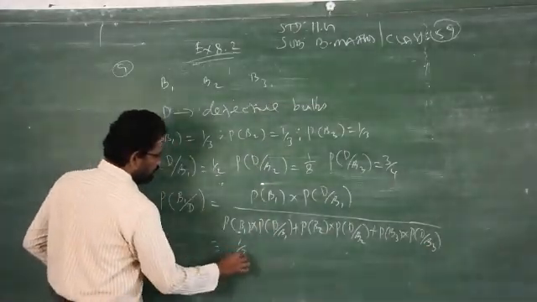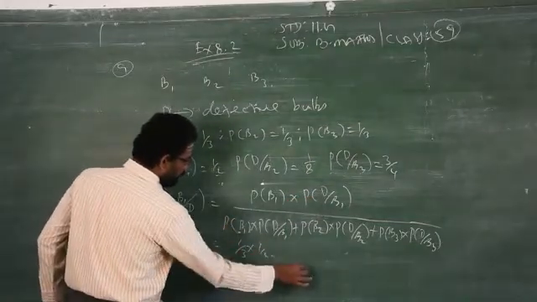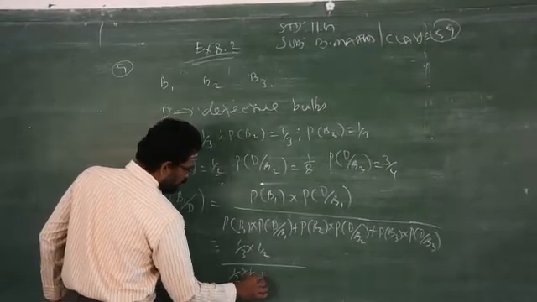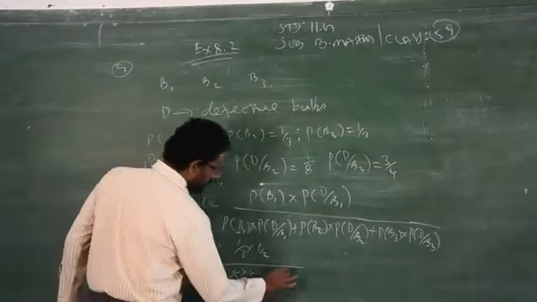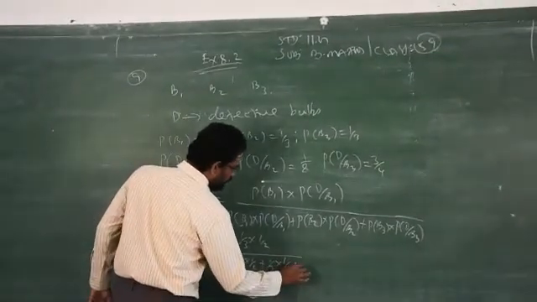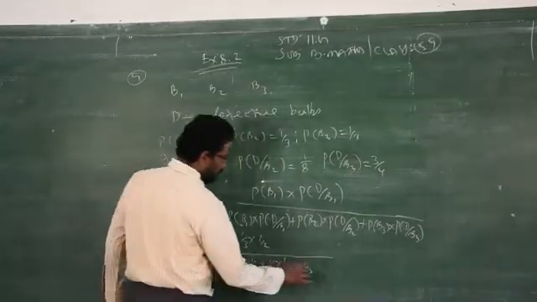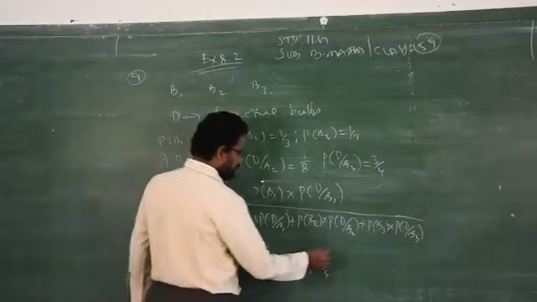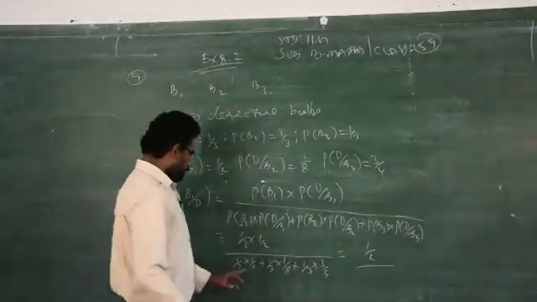So this is 1 by 3 into 1 by 2, plus 1 by 3 into 1 by 8, plus 1 by 3, selecting box 3, into 3 by 4. You can take 1 by 3 outside, and straight away they cancel.